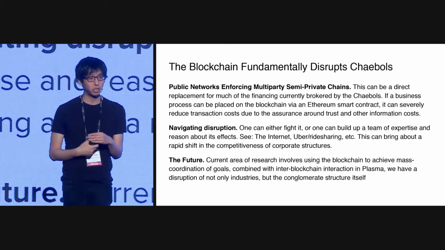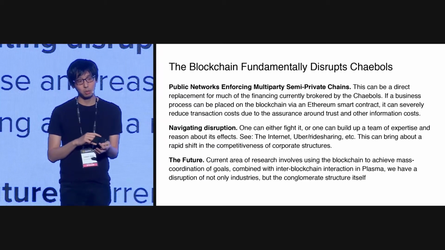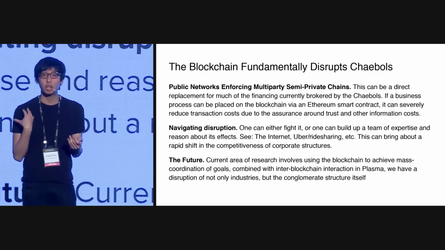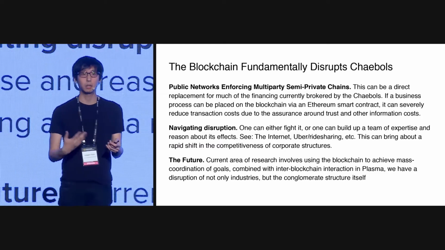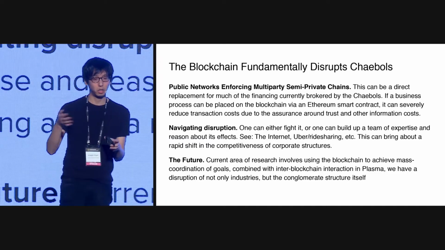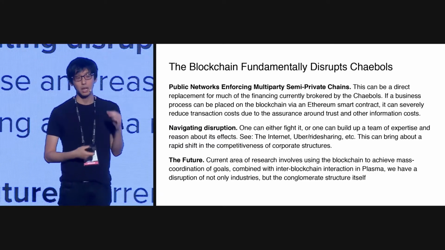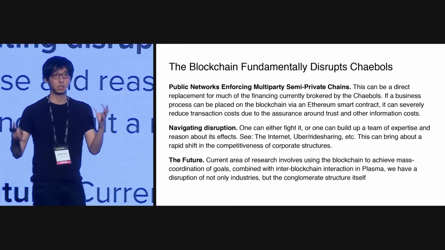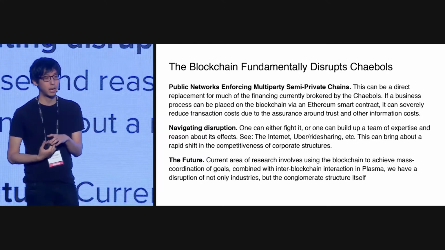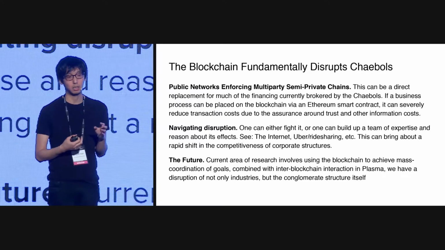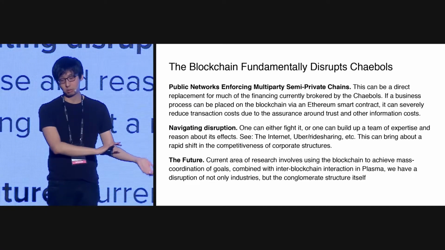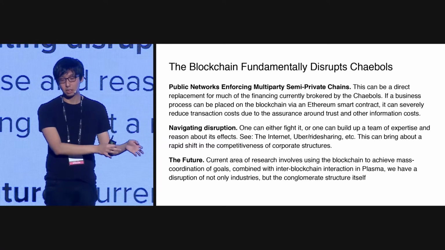And in the future, what we're thinking about, and my current area of research, is not just scalability. I'm going to have a paper coming out soon around research involving using the blockchain to achieve mass coordination of goals and essentially coordination mechanisms, combined with interblock, and I think that's going to be a big factor.